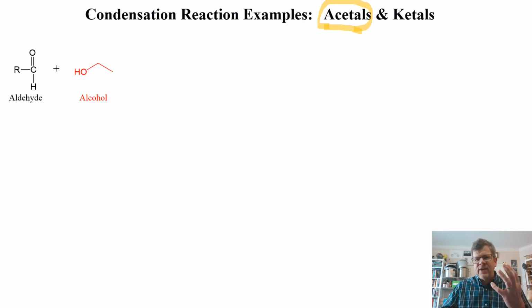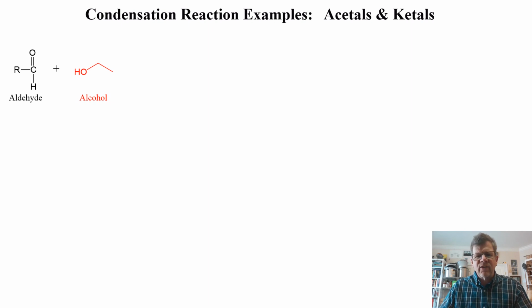To make an acetal, we condense an aldehyde with an alcohol. An aldehyde and an alcohol in the journey to what is called an acetal. So we're going to covalently bind these together. And always, we're going to be looking for a central carbon. And that central carbon on an aldehyde would be that carbonyl carbon right there.